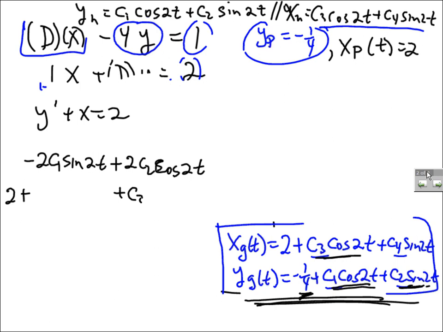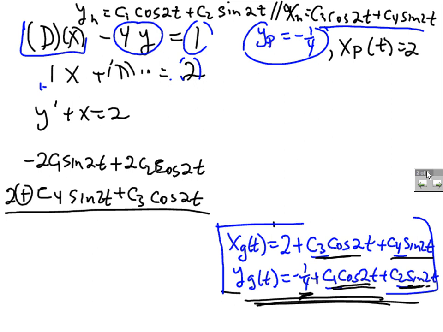And when I add these, I'm supposed to get 2. Well, I do have a 2, and I have a number of sine of 2t's: positive c4, and I have to take away 2 c1s. That's how many sine of 2t's I have.